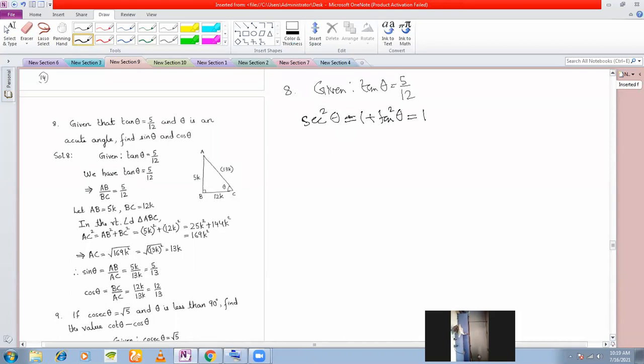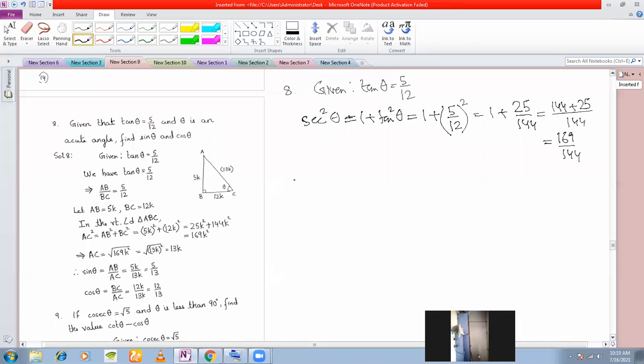So you know the value of tan here, put the value. So this is 1 plus 25 by 144. Now you take the LCM: 144 plus 25, which will give you 169 by 144.